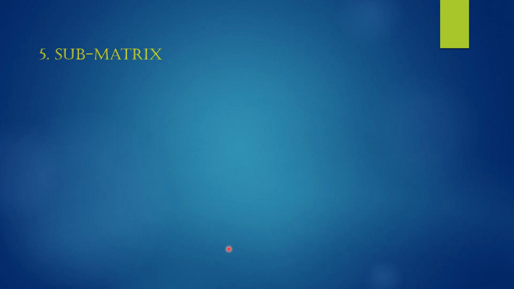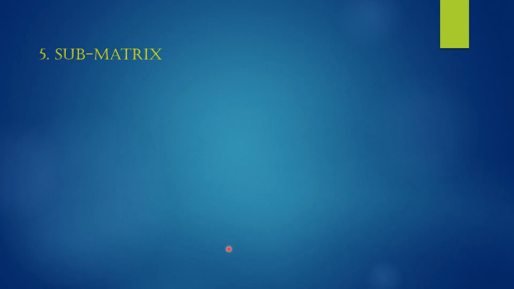Similarly, submatrix means within a matrix you have a matrix, or you can obtain a matrix. So from a given matrix, whatever be the order of the matrix, if you eliminate some rows or some columns or both, the new matrix obtained by eliminating some rows or some columns or both is called a submatrix of the original matrix.